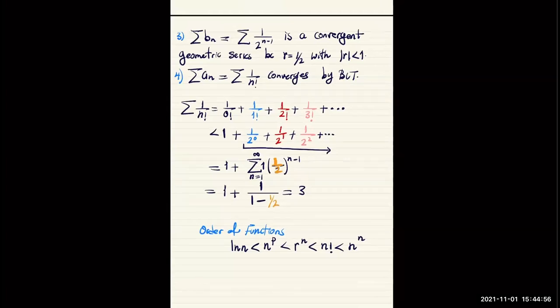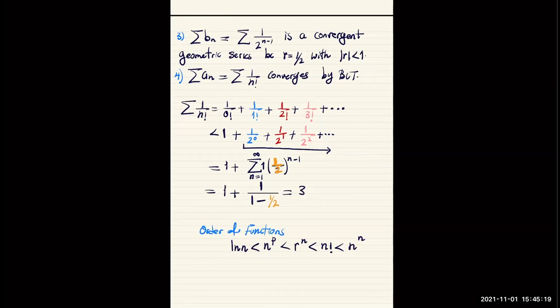Okay, so this says something really powerful. It says that the series in question is less than 3. Just think about it. First of all, it means that this is convergent. And second, it's giving you an upper bound.